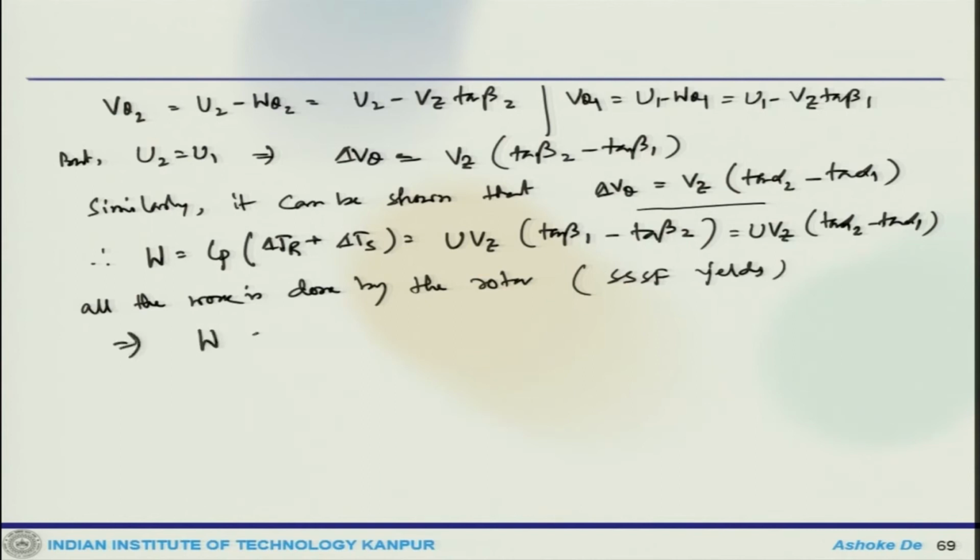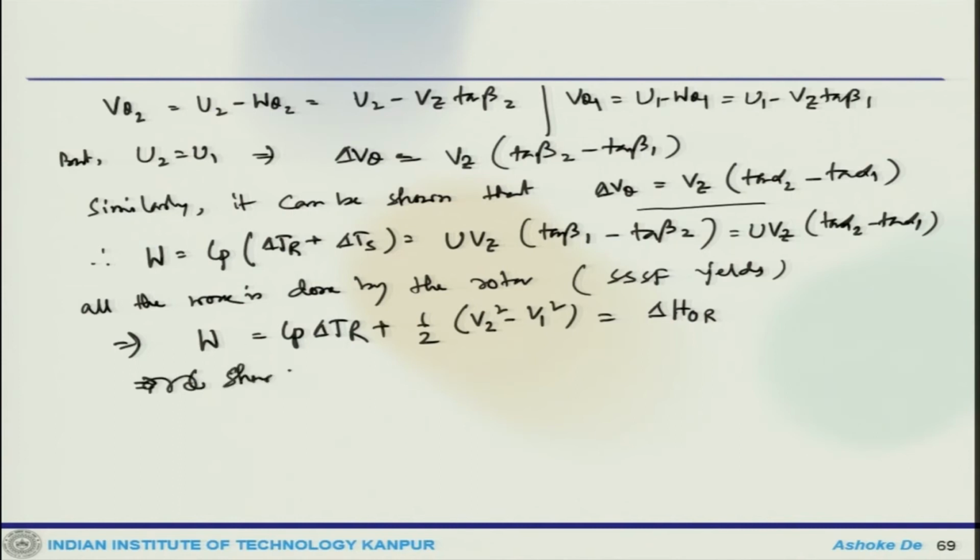Steady state steady flow analysis yields that W equals Cp delta T r plus half V 2 square minus V 1 square, which is delta H naught r. One can show that 2 u by V z is tan alpha 1 plus tan alpha 2 plus tan beta 1 plus tan beta 2.